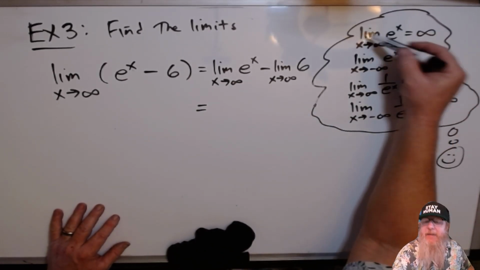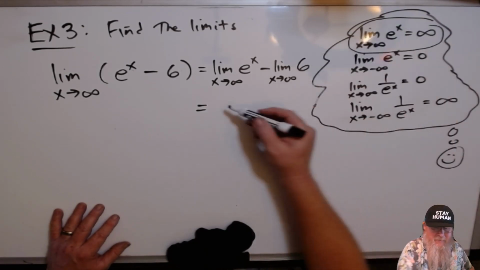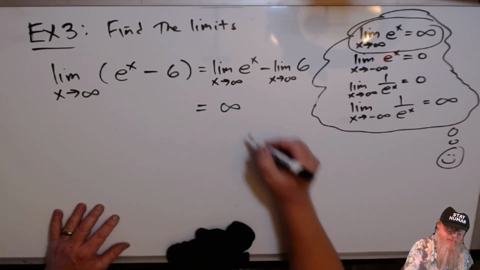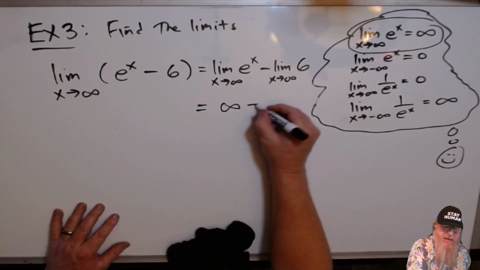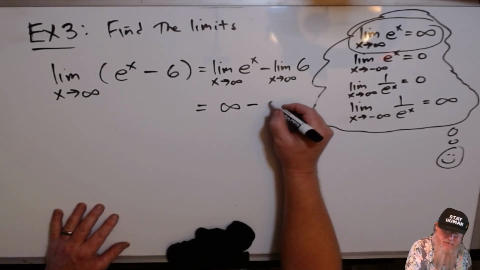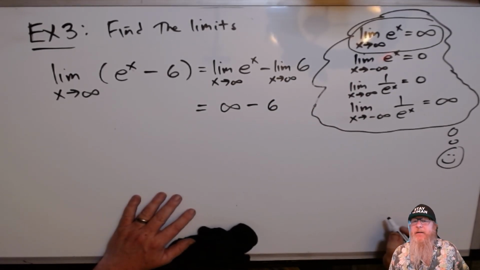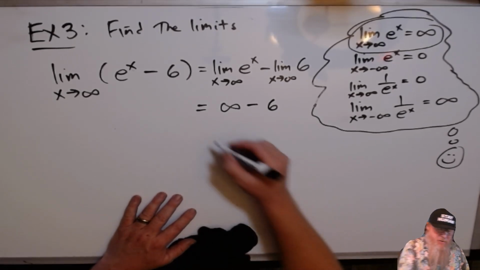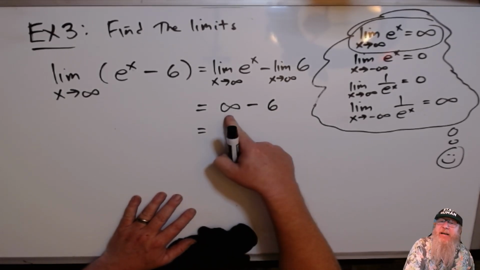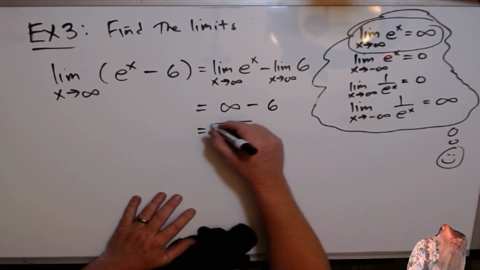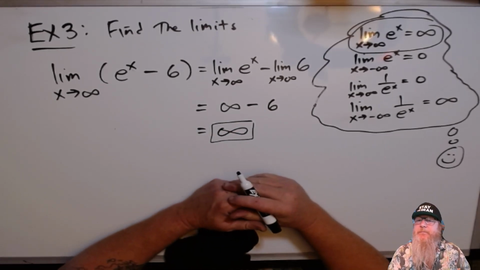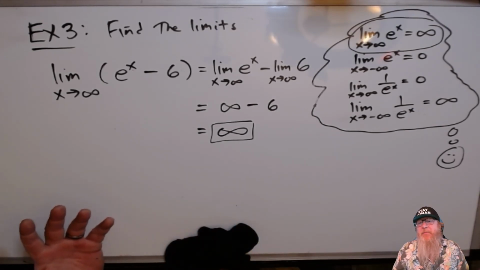We know this limit here. It's infinity. Minus, we know this limit. The limit of a constant is 6. And when you subtract 6 from infinity, you still have infinity. All right. So remember, infinity is not a number, right?